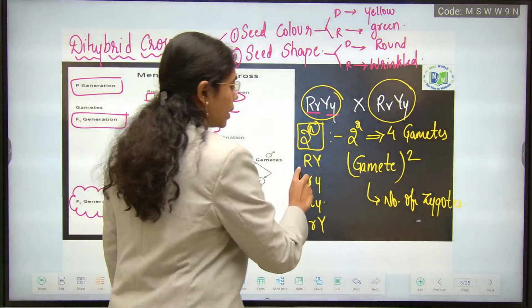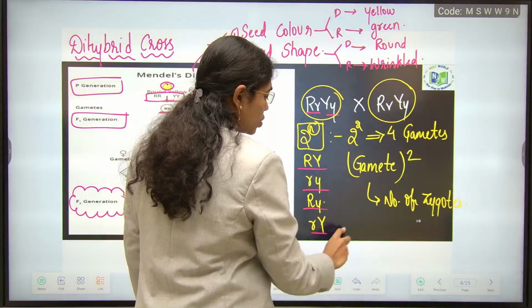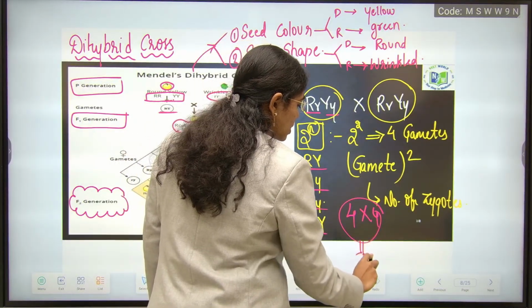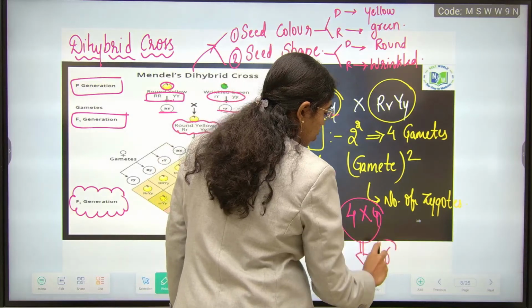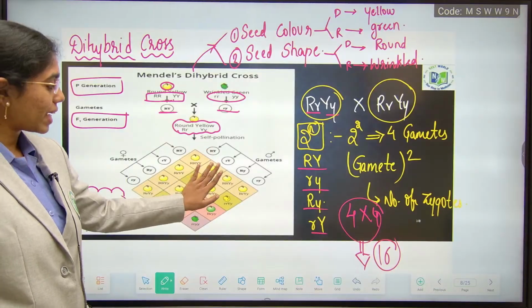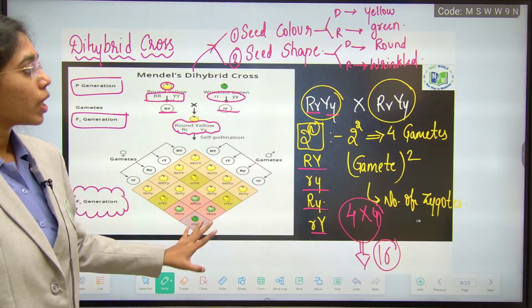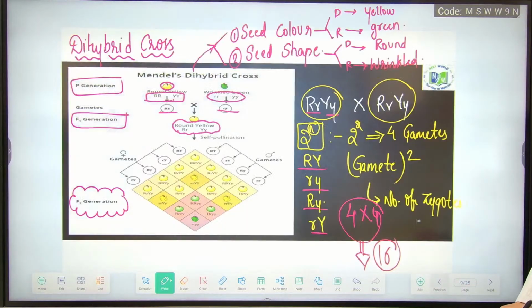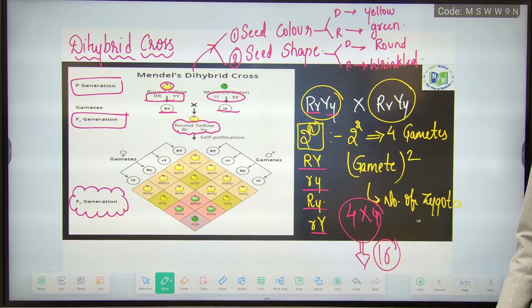If you consider 4 gametes each, 4 into 4, in total 16 zygotes are formed, or 16 offsprings are formed in F2 generation, which are presented in a Punnett square. So that we will observe here. Just look at here carefully. I hope the complete explanation is clear to all of you.